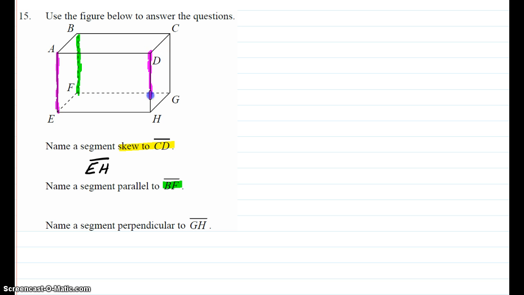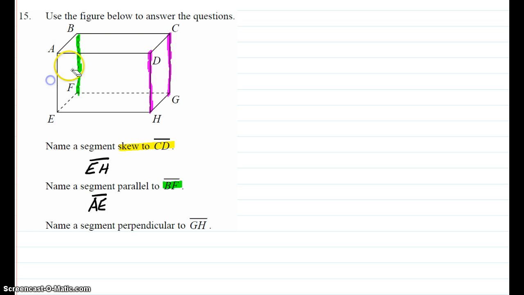DH is going in the same direction, not touching. CG is going in the same direction, not touching. Now, GH isn't going to touch BF, but it's going in a different direction, and so that would be skew. So we have these 3 possible answers. I'm going to go ahead and just say segment AE.